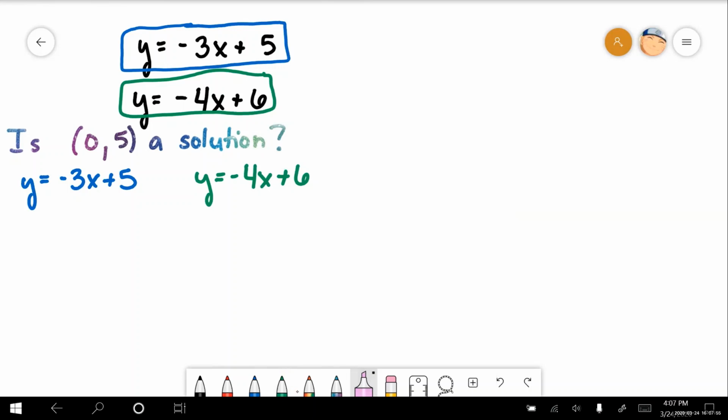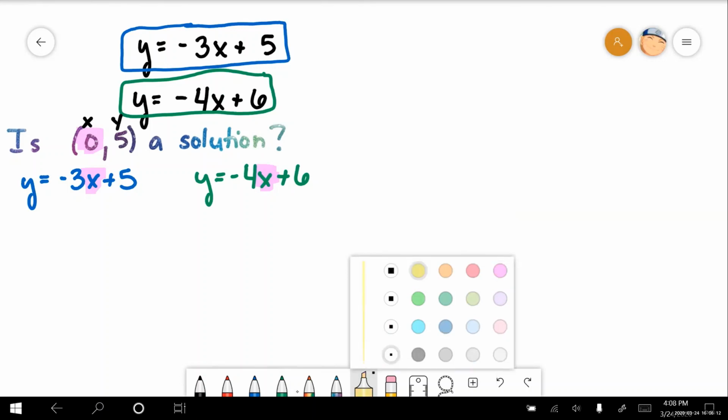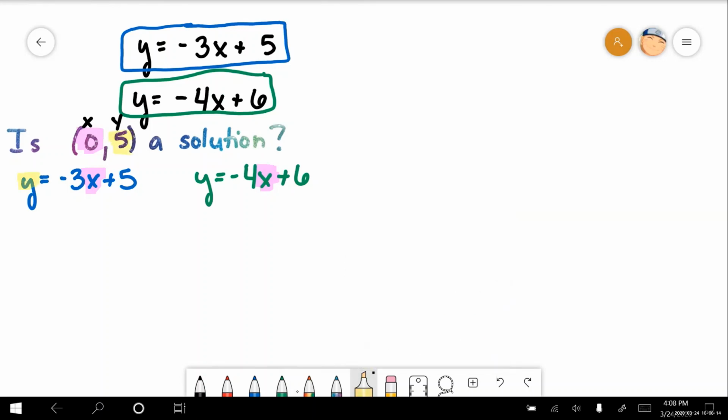Now I'm going to be very careful here. We've got to remember that these ordered pairs represent an x value and a y value, an xy pair. So let's go ahead and do all of our x's purple. And I'm going to go ahead and highlight all of my y's yellow, just to help us keep track of where everything's supposed to go.